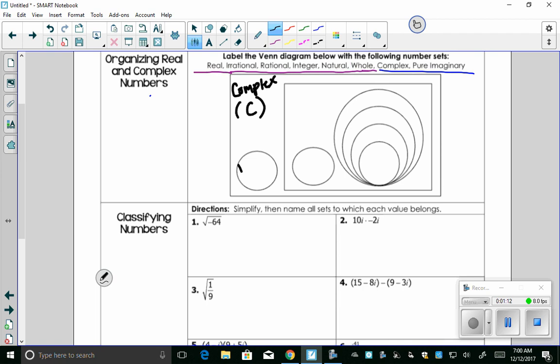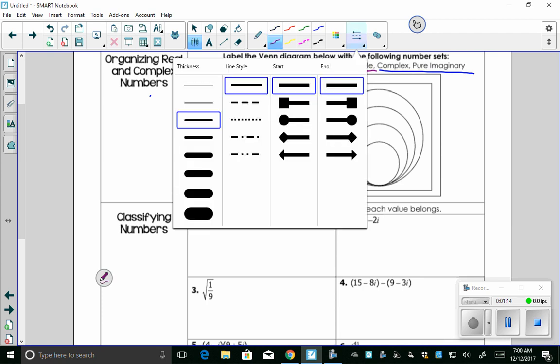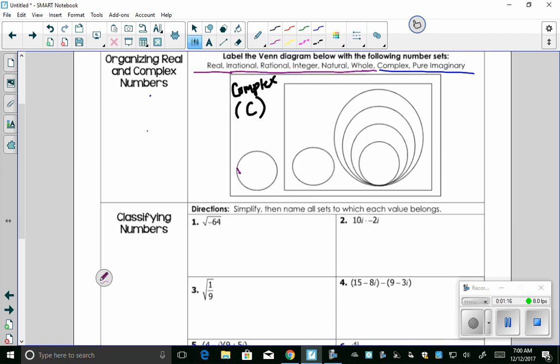So the pure imaginary numbers go here, and they're still represented as little i. And then our real numbers go here, represented as the big R.